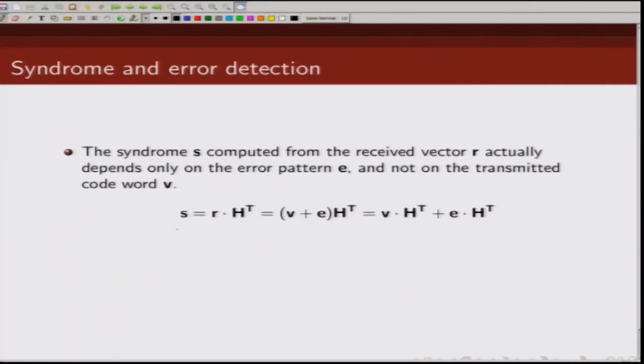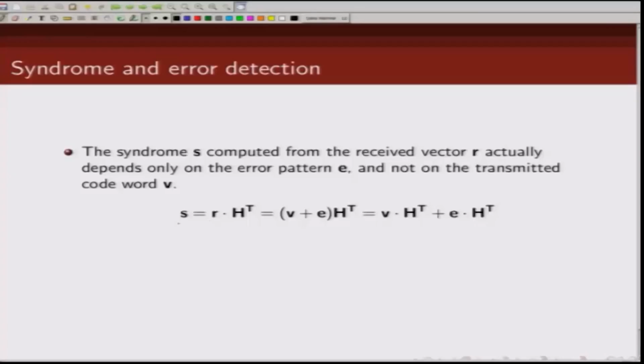So, as I said, we compute the syndrome from the received sequence R. The interesting part is that the syndrome depends only on the error pattern, it does not depend on what code word was transmitted, and this is easy to see. The syndrome is R H transpose, which we can write, R being my transmitted code word plus error vector, this whole multiplied by H transpose.